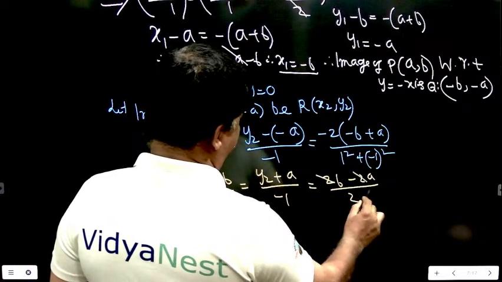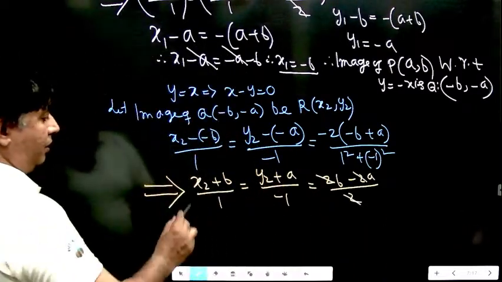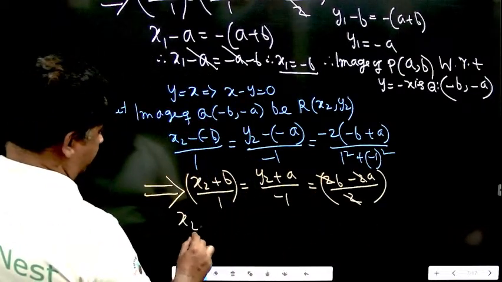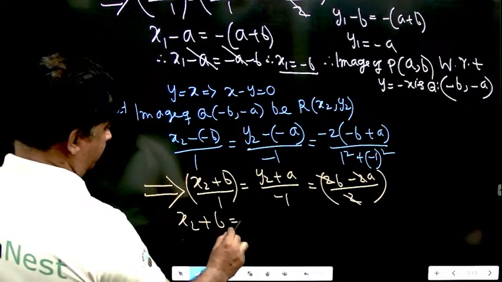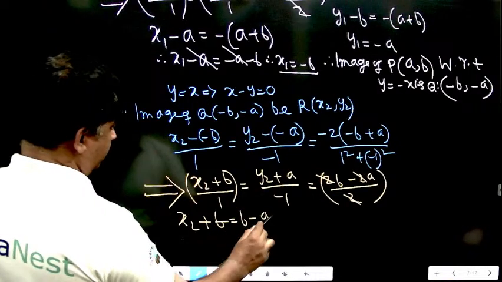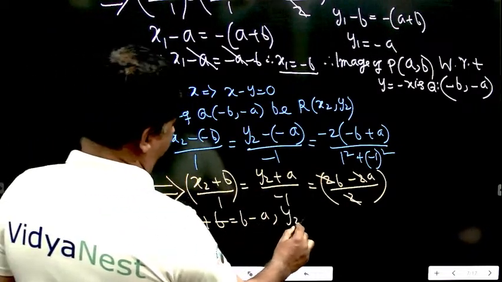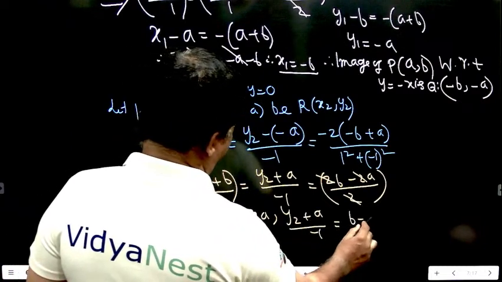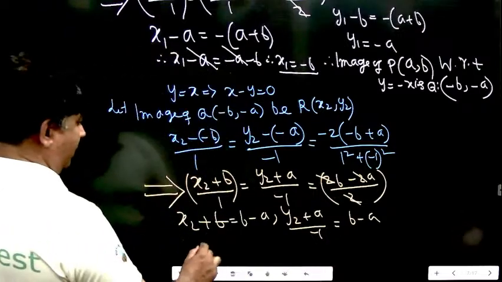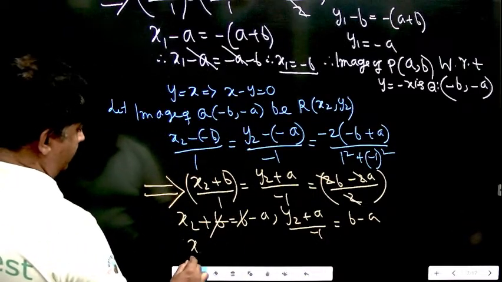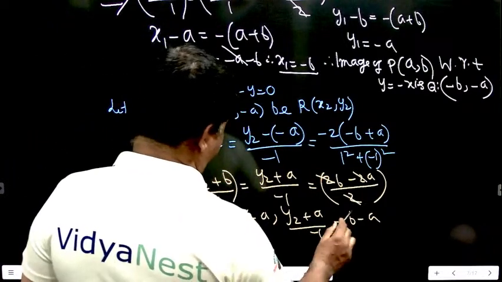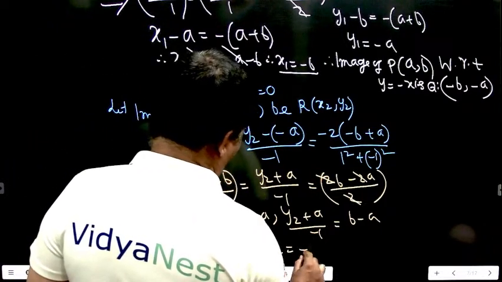So the 2 cancels. Now you equate this with this, and y2 plus a by minus 1. Here x2 is minus a, here y2 is minus b.